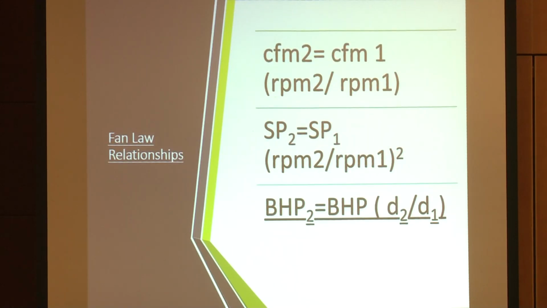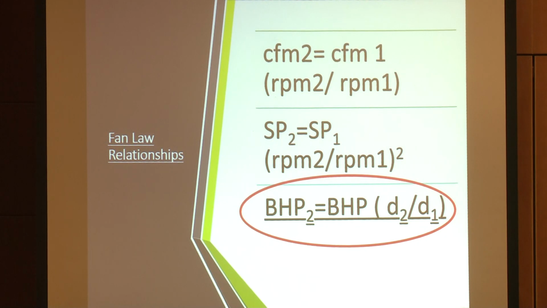I want to introduce to you, which you will see a lot more times, these fan laws. We all memorize these fan laws, and that's how we get through the TAB process. Basically, what it's telling you is CFM and RPM, speeds and flows, are directly proportional to each other.